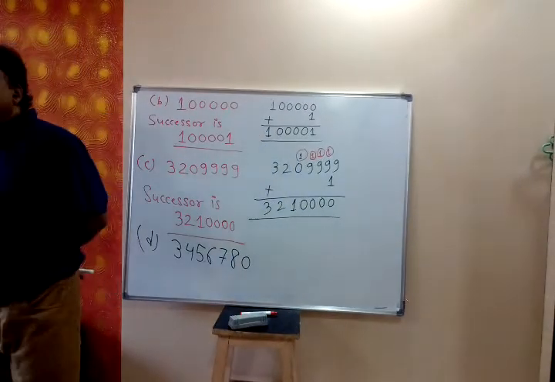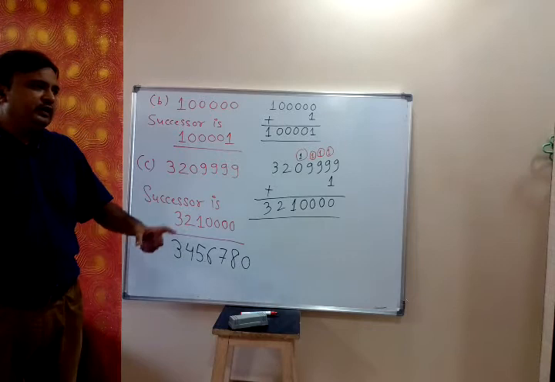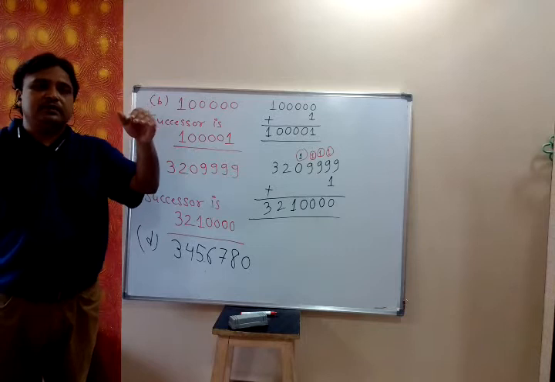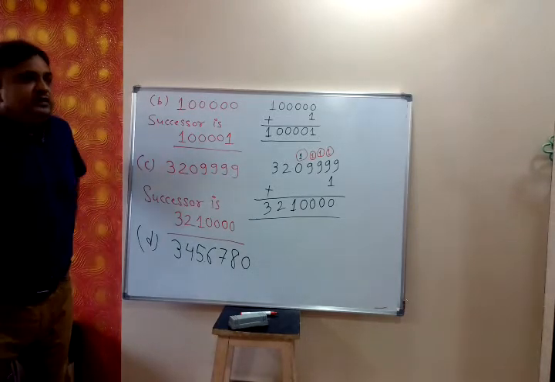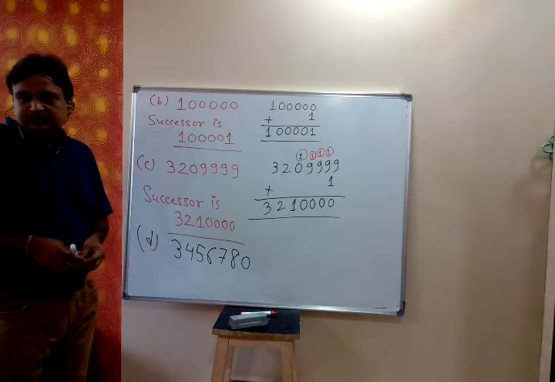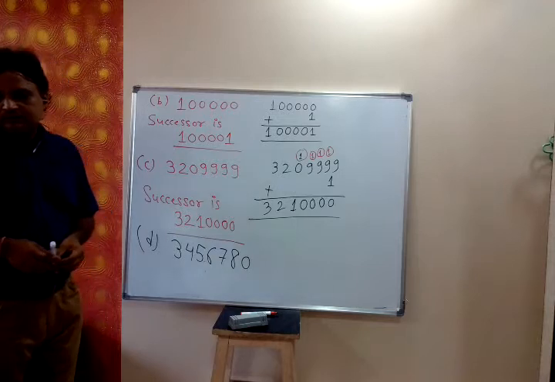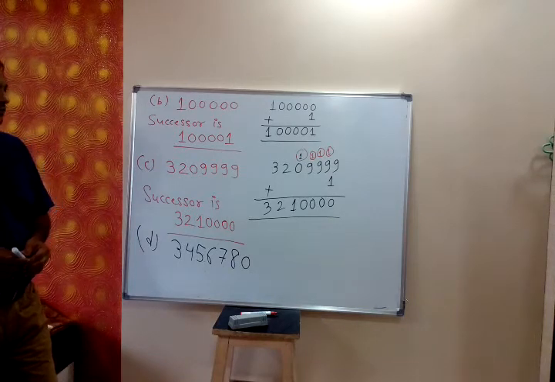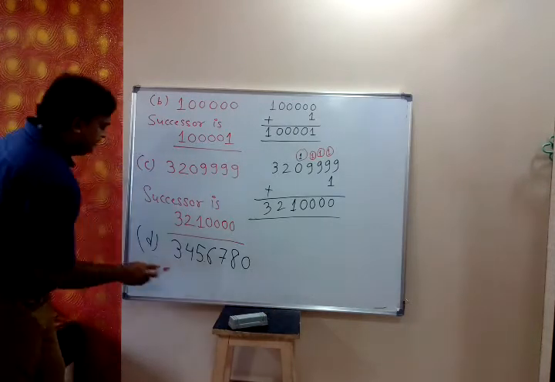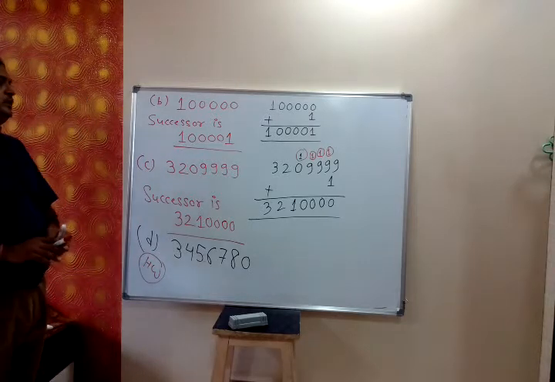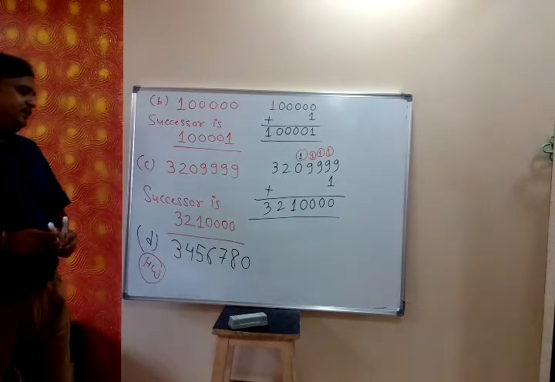To find the successor of any number, we add 1 to the number, and we get the next number. Now this part D will be homework. Find the successor of 3 4 5 6 7 8 0.